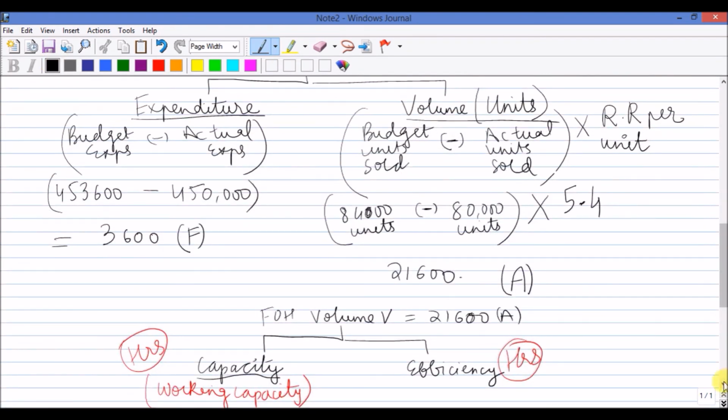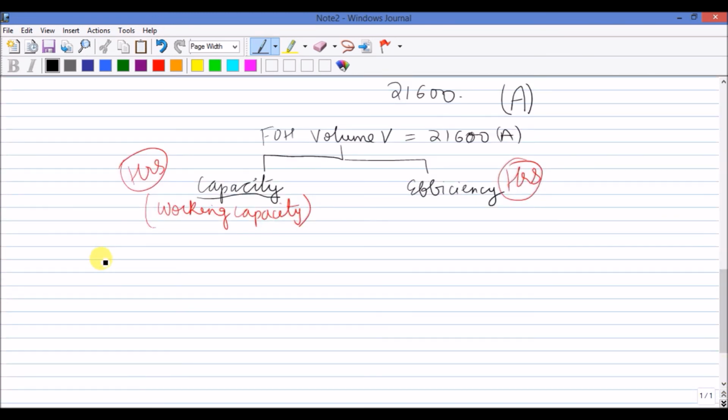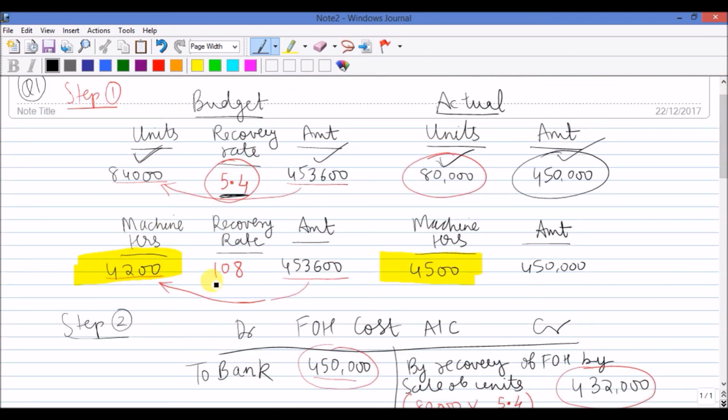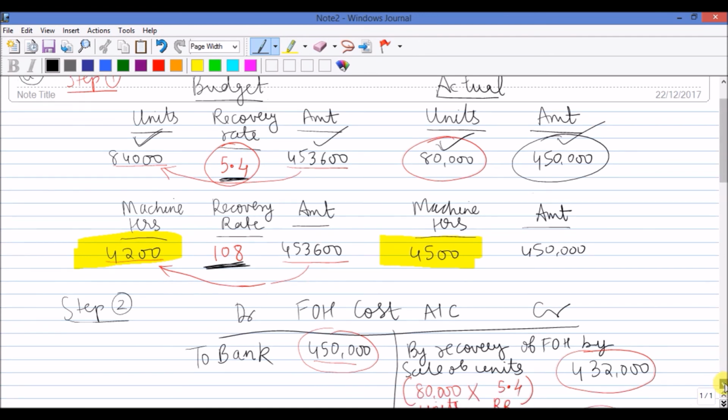The working capacity of the machine is more, which is good. So this is the budget and this is the actuals. Very simple. And we have to get the recovery rate per hour. So how much is the recovery rate per hour? It's 108.